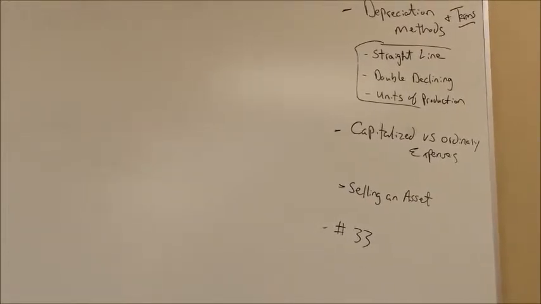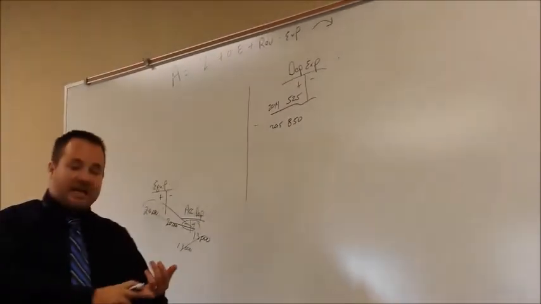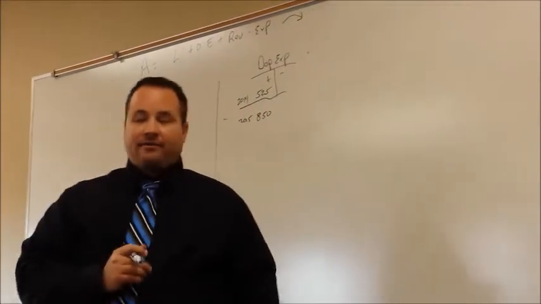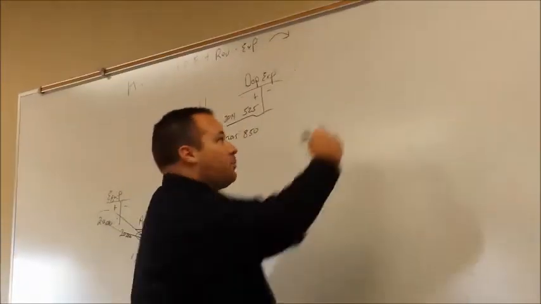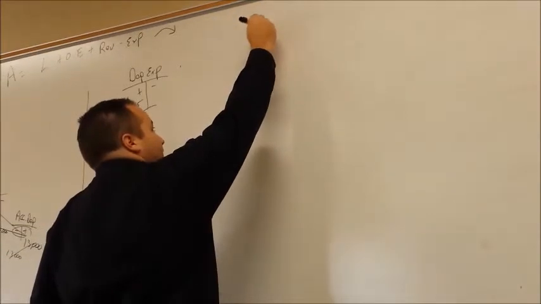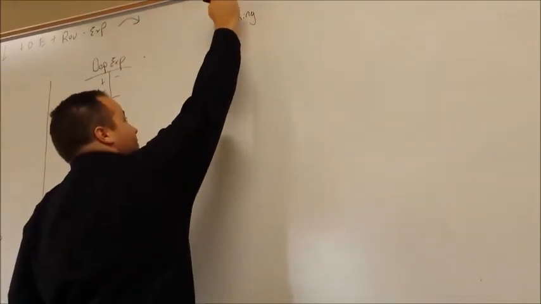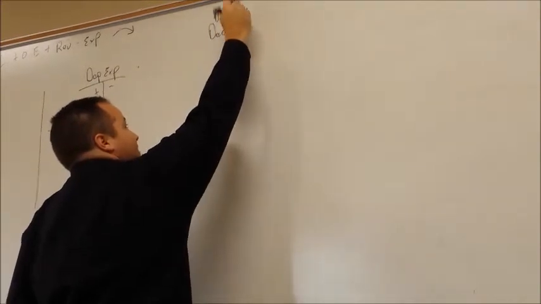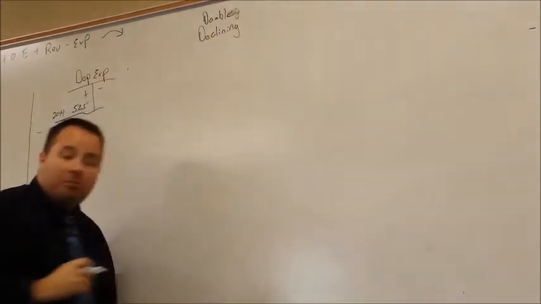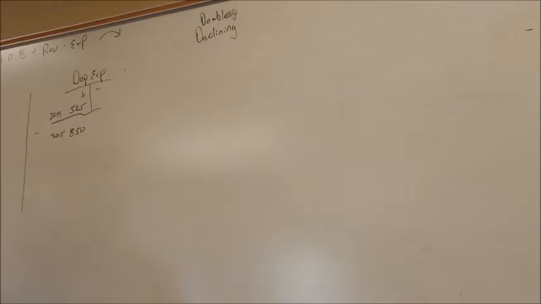Straight line would be for if you just want the most simplest method, or if it makes sense because your business uses the asset very evenly throughout its entire life. You use it the same amount in year 1 as you did in year 5. Double declining would be very good to use if you use your asset a whole bunch right up front.